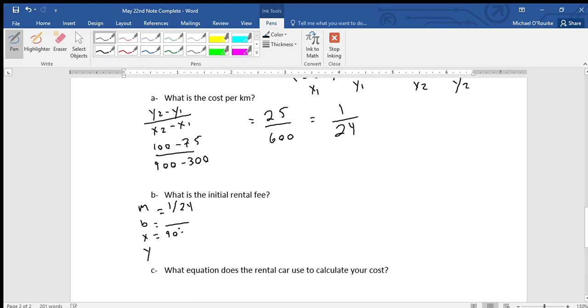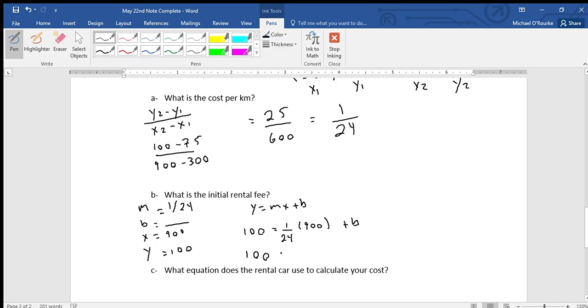So y equals mx plus b, which gives 100 equals 1 over 24 times 900 plus b, and that's 37.5.